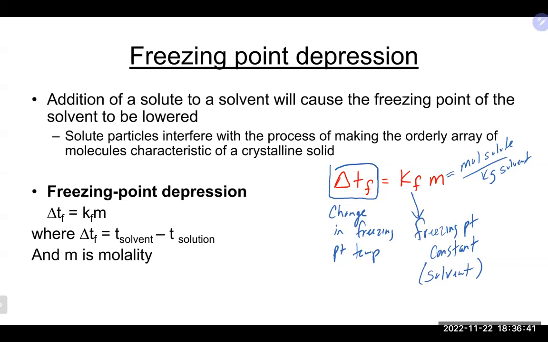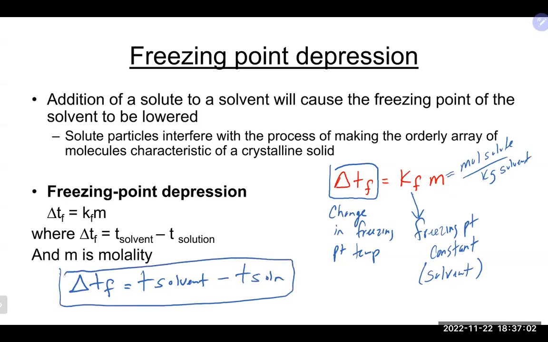Because the actual freezing point goes lower, the change in the freezing point temperature is defined as the temperature of the solvent, which is actually the larger number, minus the temperature of the solution that will freeze at a lower temperature. This is really important when you're doing these problems because a lot of times you're not just asked what the change in the freezing point temperature is, but what the actual freezing point of the solution is.